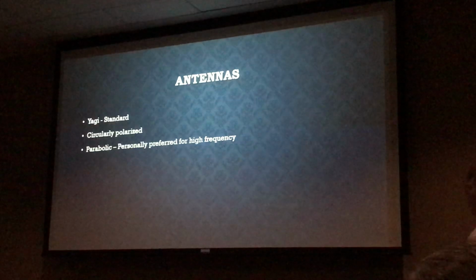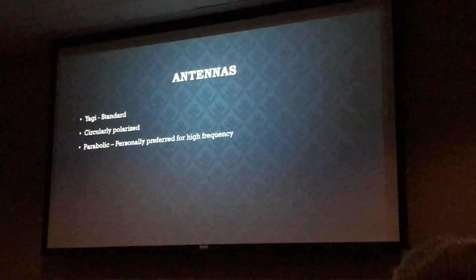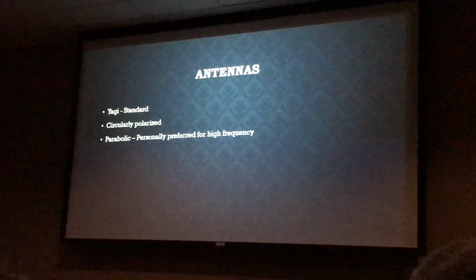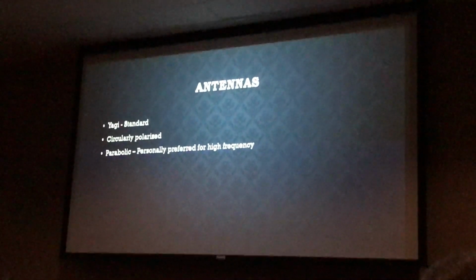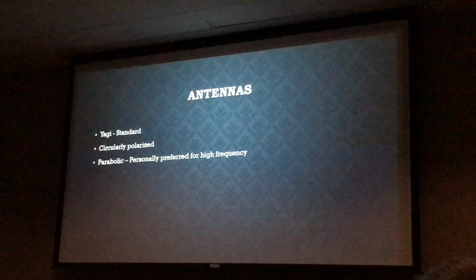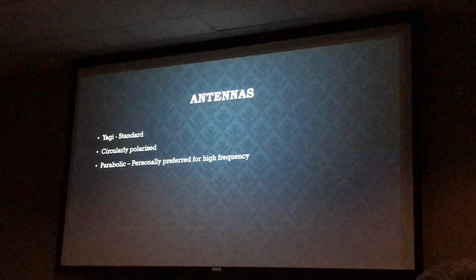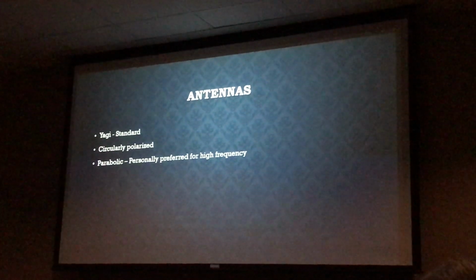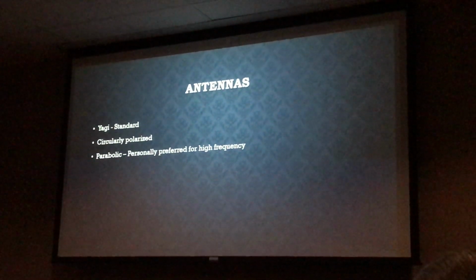There are three kinds of antennas you could use to operate on an amateur radio satellite. The most common one is a Yagi. That's what I use. That's what's over there in the corner. And the Yagis work good. The only problem is most of the LEO satellites are tumbling while they're up in orbit.